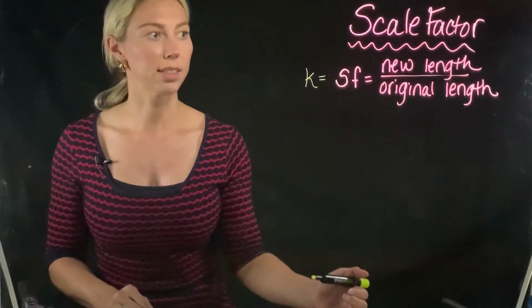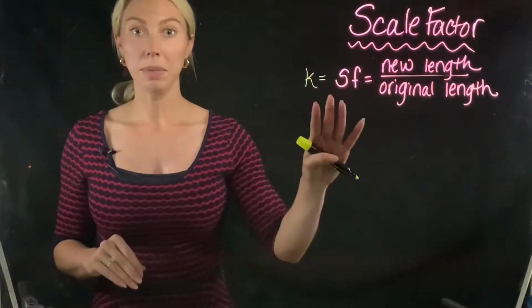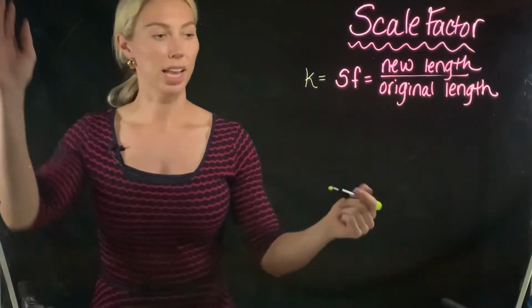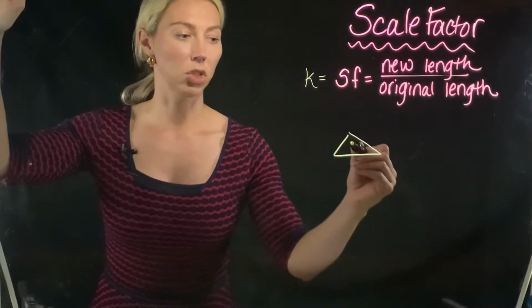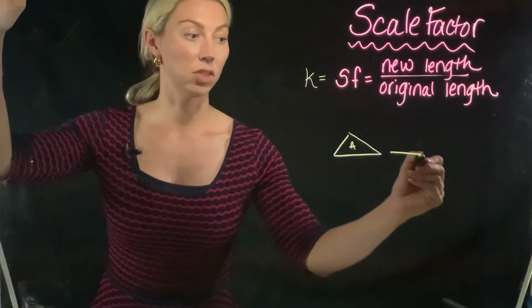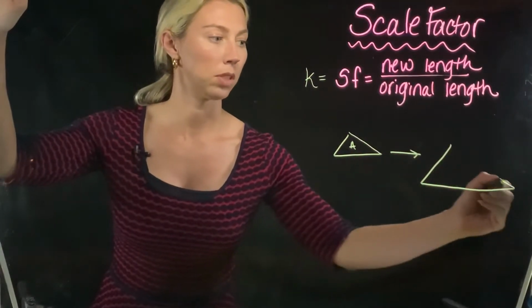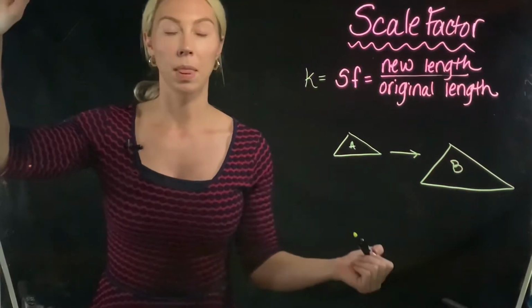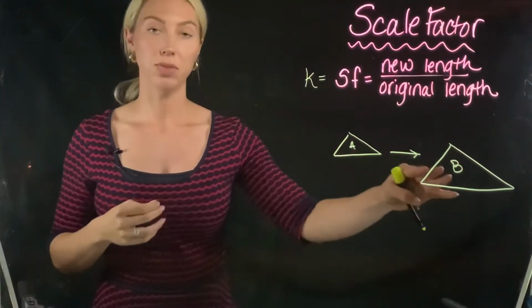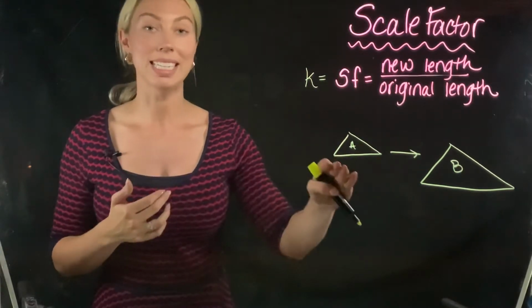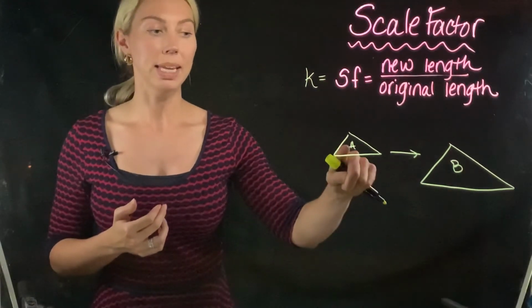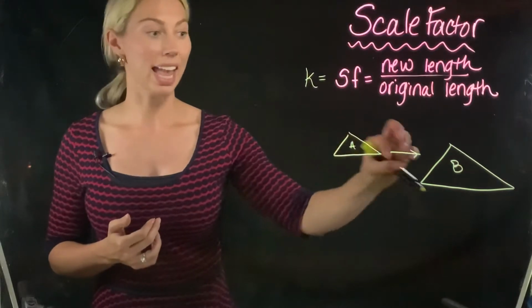What I mean by new length over original length is, let's say I have two triangles and they tell me that triangle A transforms and becomes triangle B. For you to use scale factor, this transformation would have to have happened in a similar proportion, meaning this is a scaled copy.